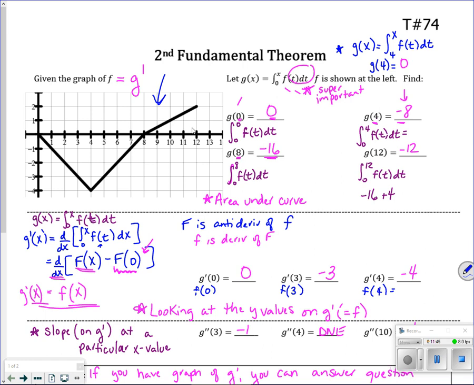If I gave you a graph of G prime and said, where is G increasing? I like to write my justification first. You would know that G would be increasing when G prime is positive.